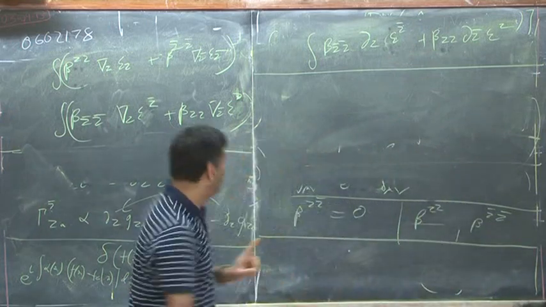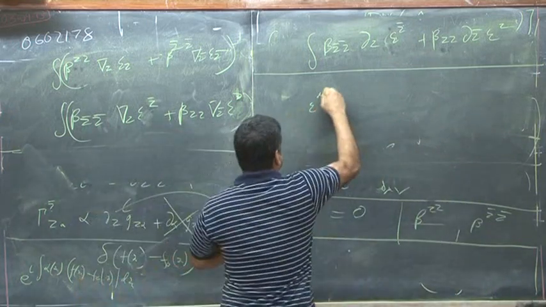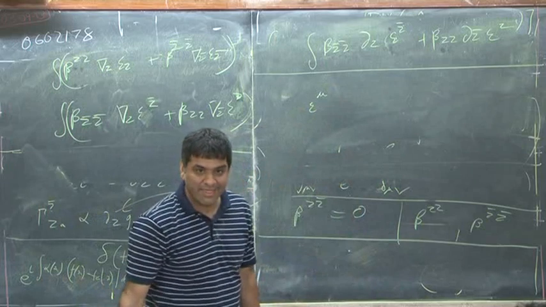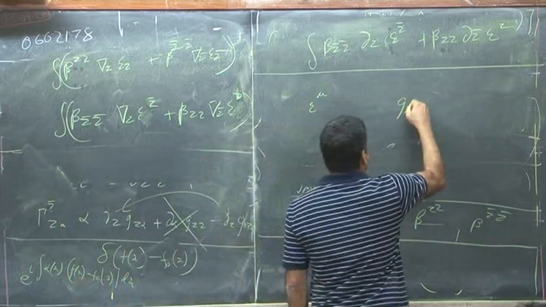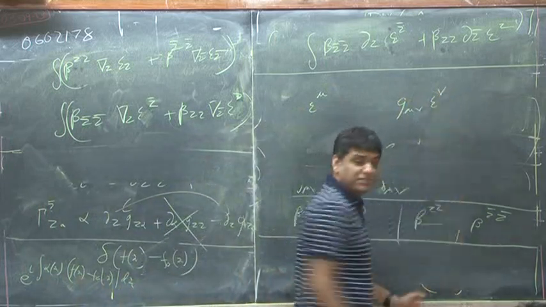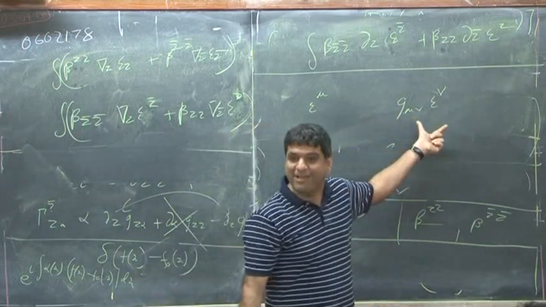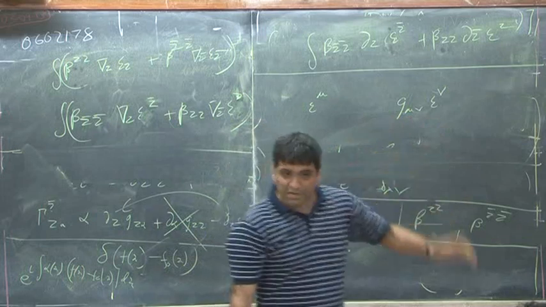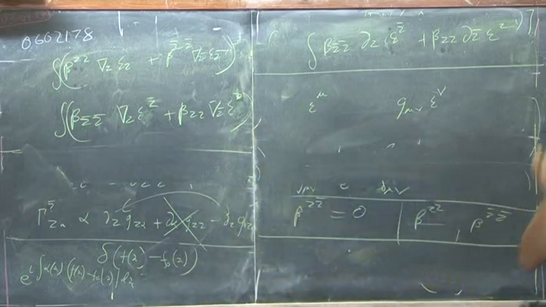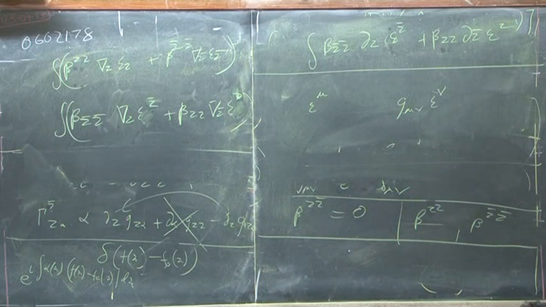You see, if zeta mu is Weyl invariant, then g mu nu zeta mu is not Weyl invariant, because g transforms under Weyl transformations. So it cannot be that both the vector with the upper index and the vector with the lower index are Weyl invariant. One or the other is true.